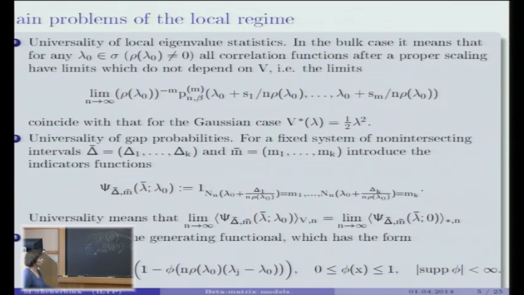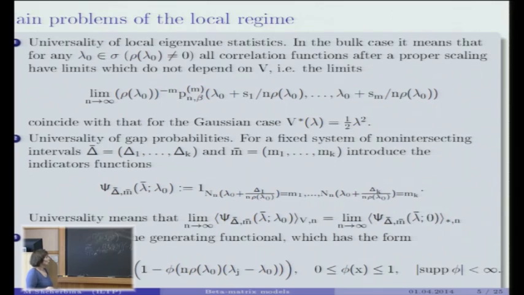What I would like to say is that universality was studied very well for matrix models with beta equal 2, and a little less, but also well enough, for beta equal 1 and 4. In all these cases, it was possible to prove that there is a pointwise limit of the correlation function.